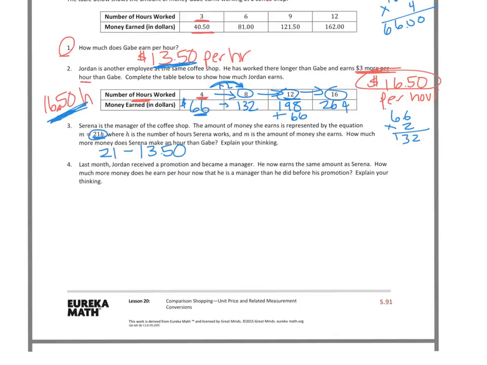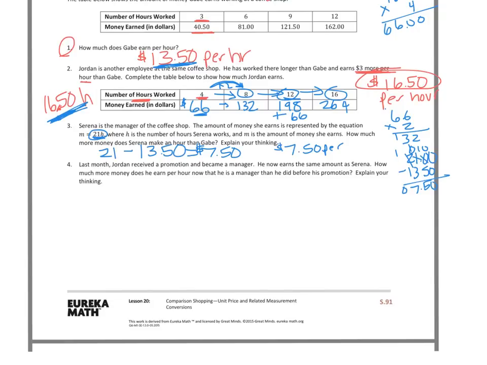So I'm going to subtract that out. That's 50 cents, and then it looks like it's $7.50. So it'd be $7.50.